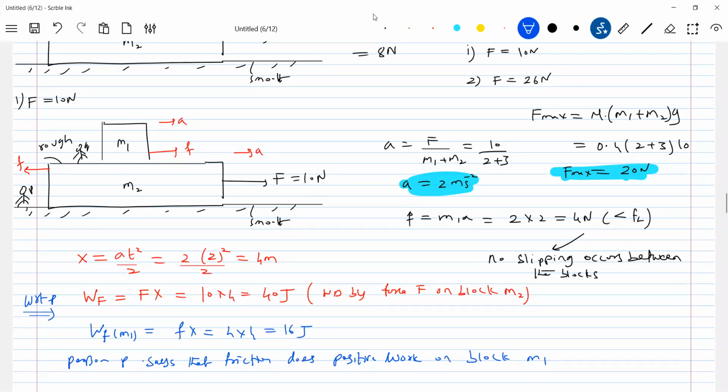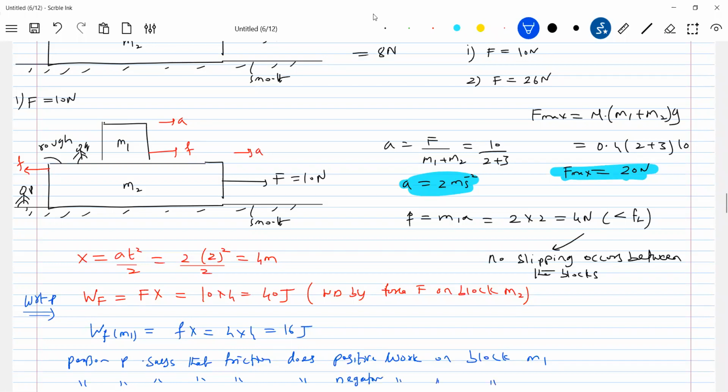And the same friction does negative work on the block M2. It does positive work on the block M1 and negative work on the block M2. So person P says that friction does negative work on block M2. I agree with this.